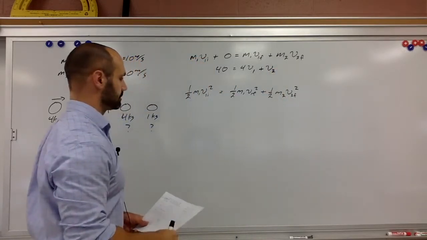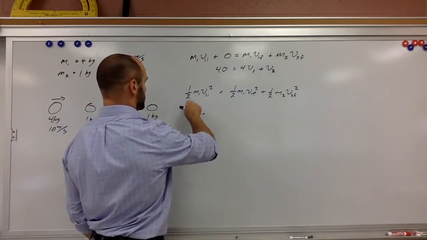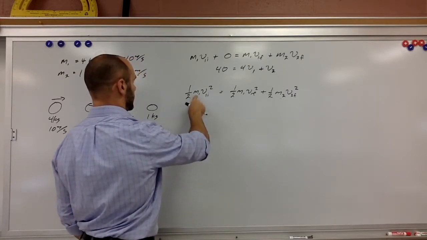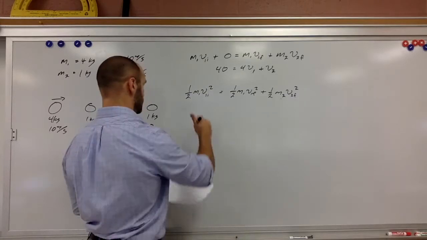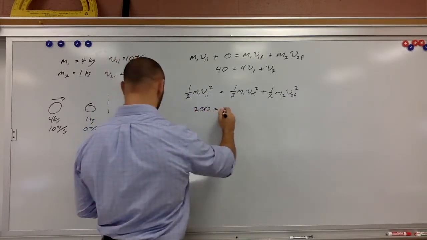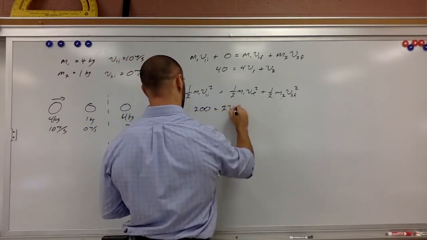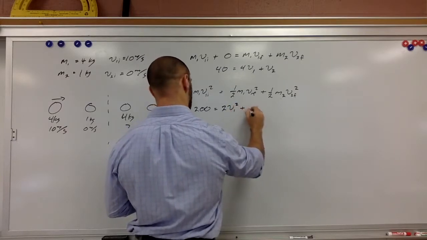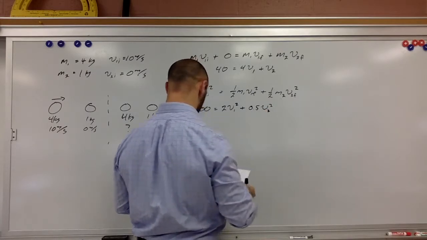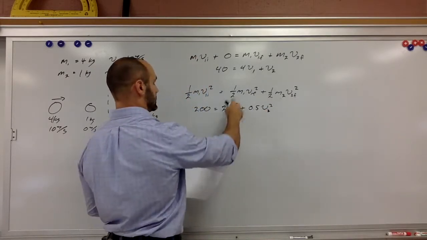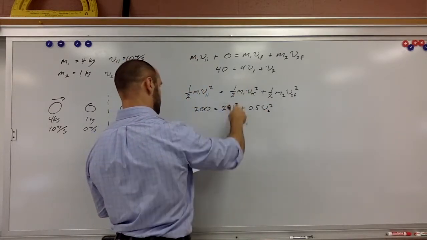That's 1 there. Now I'll plug in here, so this is going to be 1/2 of 4 times 100, so 200 is 2V1 squared plus 0.5 V2 squared. And so I've got this, and I've got these two equations.